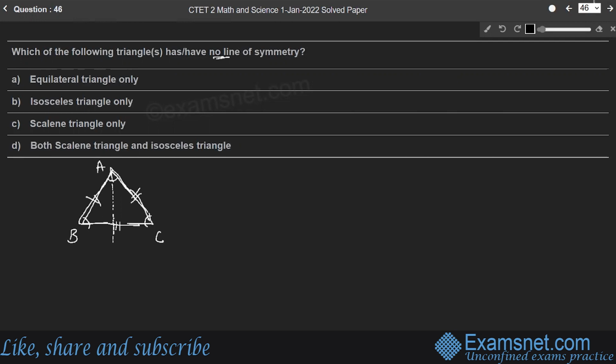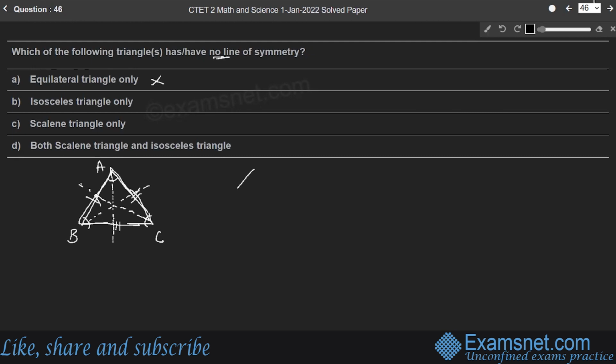This line divides the opposite side into two equal parts. Such a line is called a line of symmetry. In an equilateral triangle, there are three lines of symmetry. So all these three lines divide the opposite side into two equal parts. So this option A is not correct.